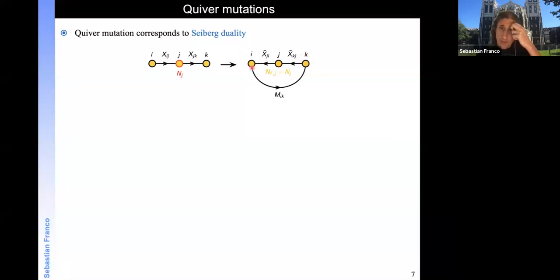And then you add a meson for each directed pair that goes through the node that you mutate. So you can think about the meson as a composite of the original flavors.